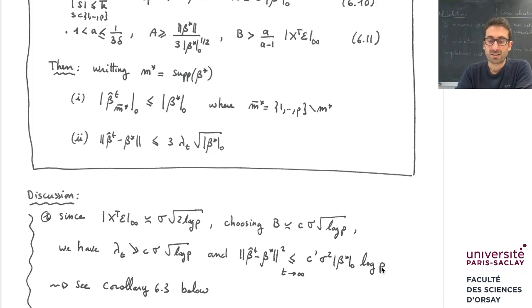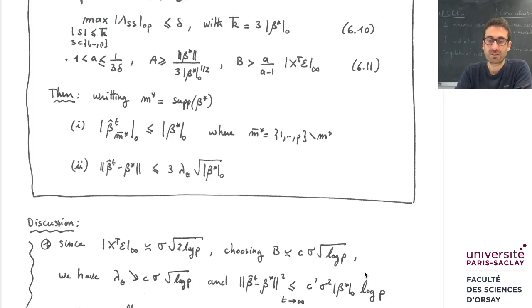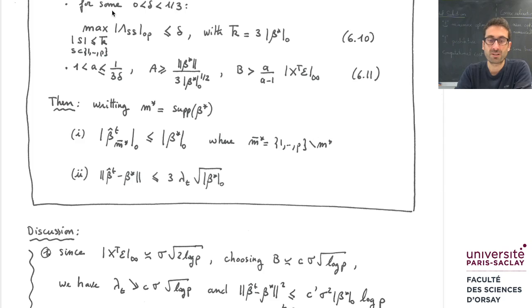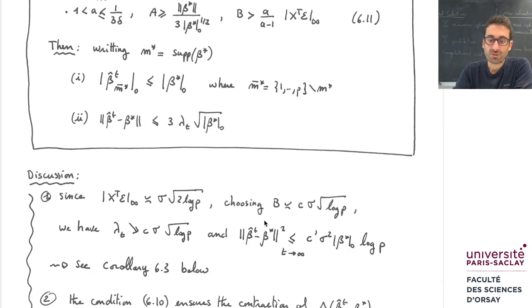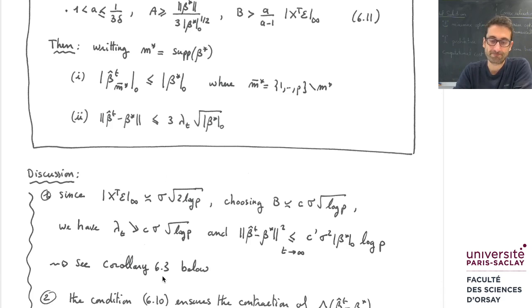And this corresponds to the minimax rate, so we will have estimation of beta star at the minimax rate, under the condition that lambda fulfills this property, which is quite a strong property. We will discuss this result in the next corollary after the proof of the theorem.